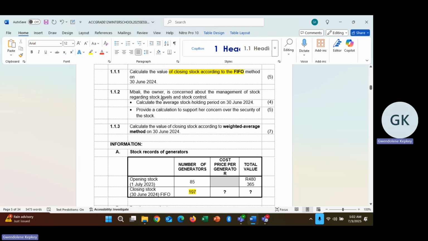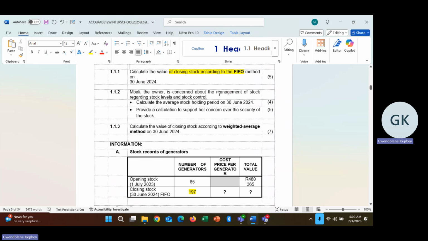The owner, Mbali, is concerned about the management of stock regarding the stock levels and stock control. So now we need to prove with a calculation what it is that we need to do.